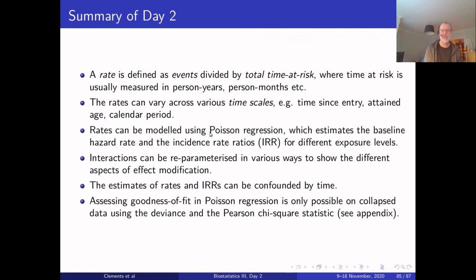We can model the rates using Poisson regression, which estimates the baseline rate and the incidence ratios for different exposure levels. We've talked about re-parameterization of interactions. We've also talked about that rates and incidence rate ratios can be confounded by time.